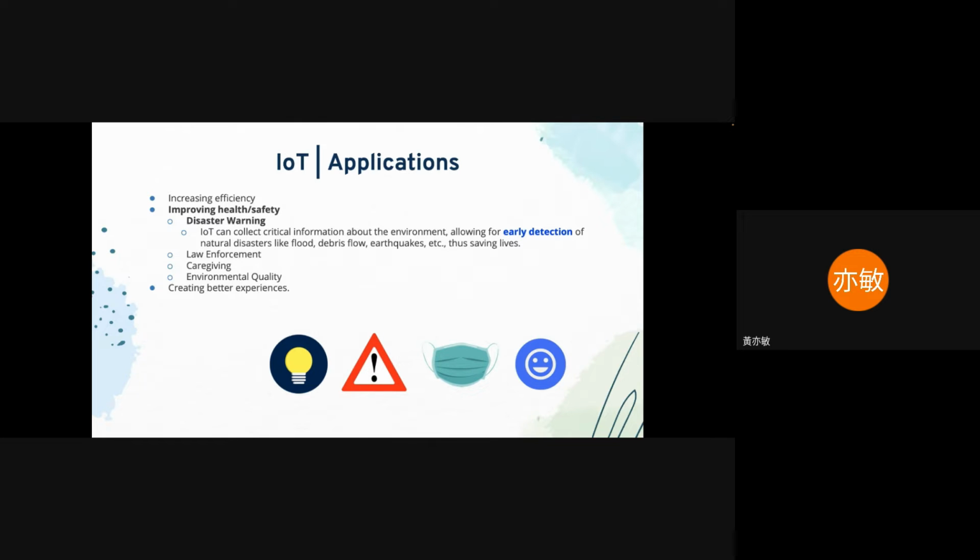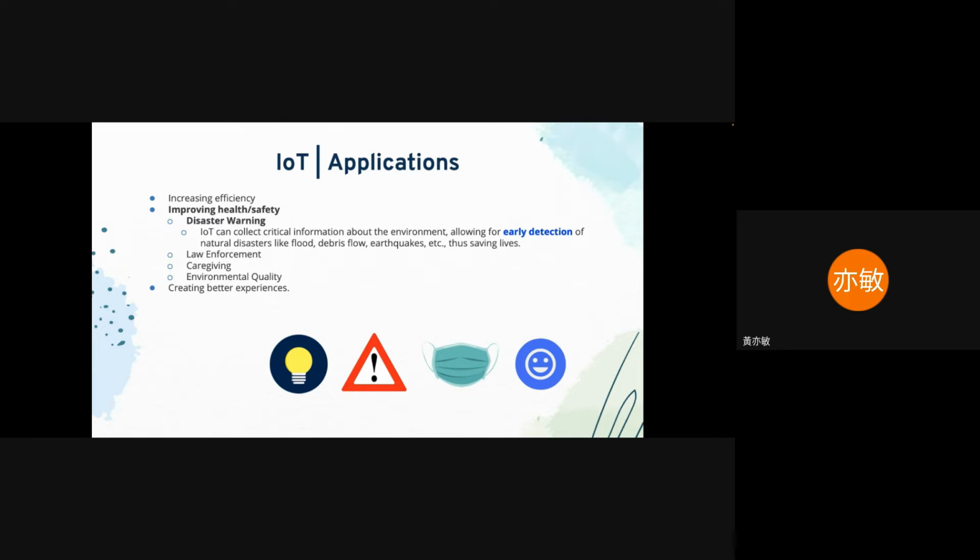For example, flooding is a predictable disaster. Whenever we have the data of the rainfall, the depth of the flood, and also the location of the flood, then we can use GIS to predict the future flooding area.